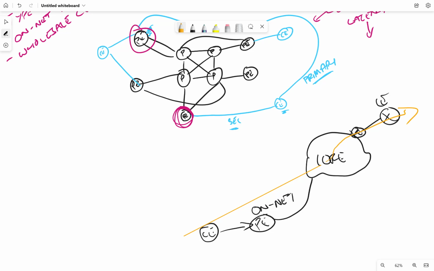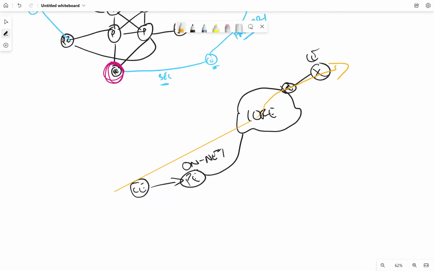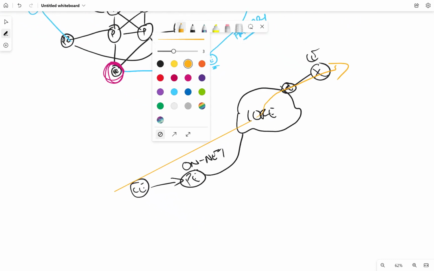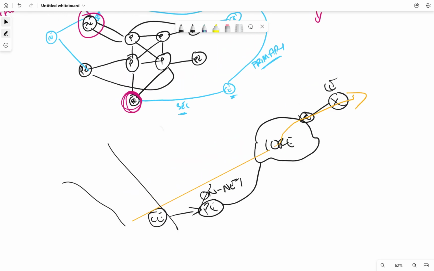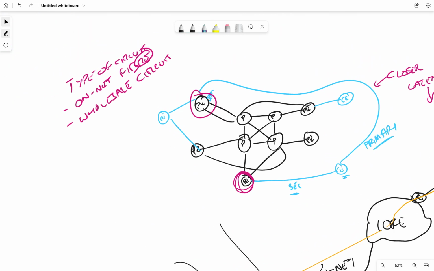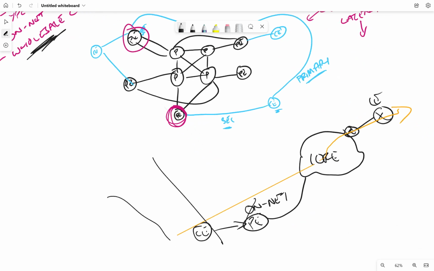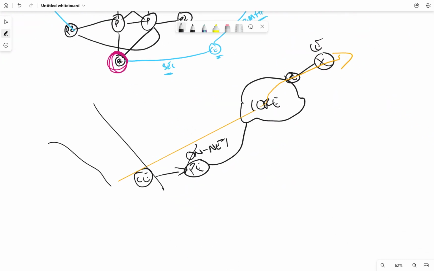Okay, if we have a similar kind of setup and we have a wholesale circuit here, let me just rub these lines out.